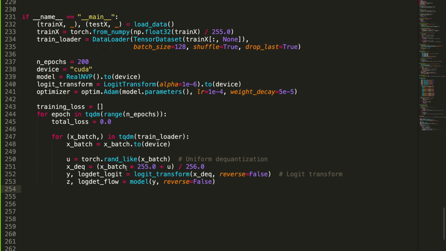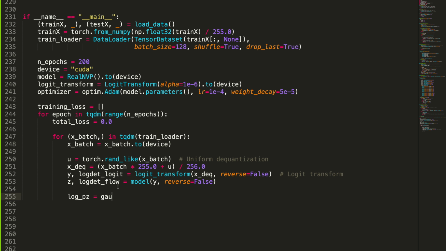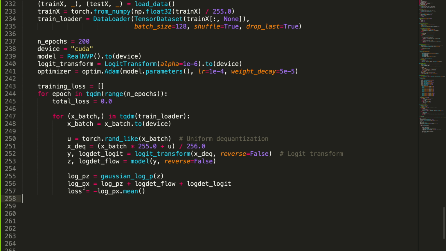Okay, then we map the data Y to the latent space Z, and then we can compute the loss. Basically the loss is the log probability of the latent plus the log determinant of the model transformation.